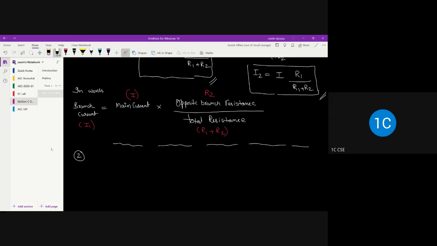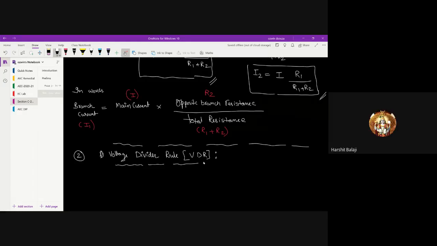Now when you have division of current, you can also have the other variant, that is the division of voltage. The second rule is the voltage divider rule, in short called VDR. Any guesses which kind of circuit we may have to use? Yeah, series circuit.